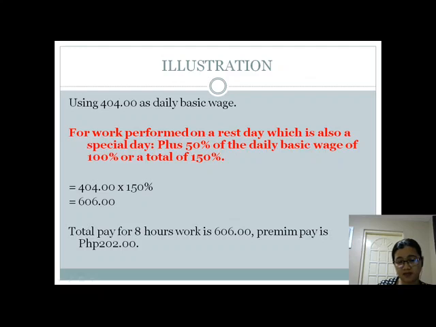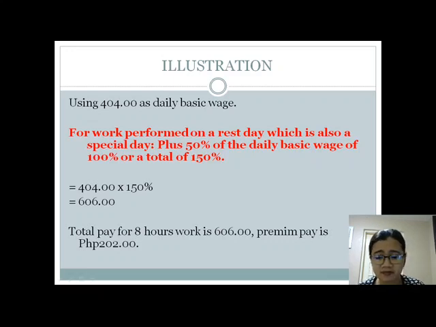So I will give scenarios or situations wherein an employee will be asked to work on a particular day, for example, a special holiday, and I want you to compute, no? So apply those premium pays. Just premium pays first. Let's not discuss the overtime first because it will be more complicated if there's also an overtime pay.